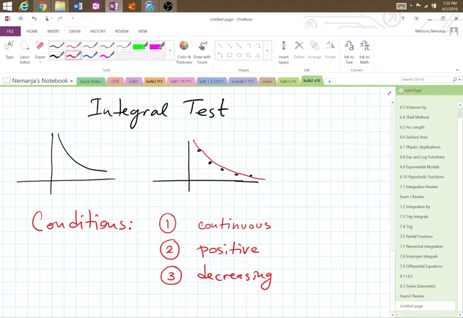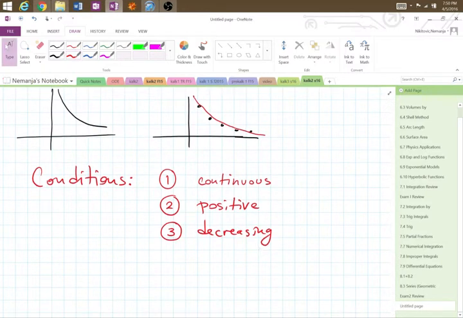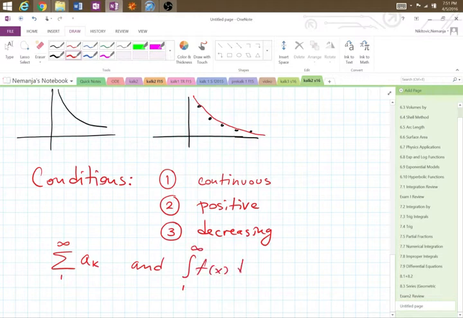So if you have this fulfilled, you can use the integral test. And the integral test says that your series, let's say from 1 to infinity, and the integral will have the same convergence and the same divergence.